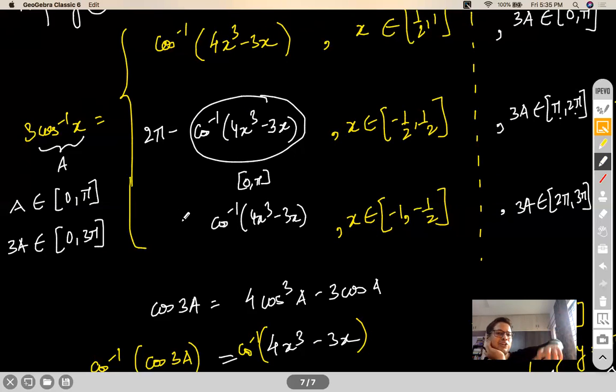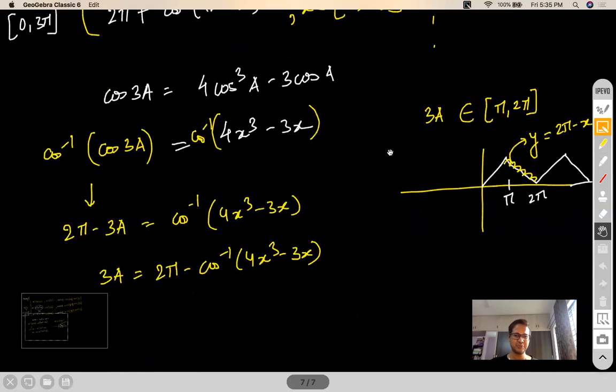That means if I take cos on that, I should get 4x cube minus 3x only. What will you do? Think. Add a 2 pi. Absolutely. Now you've got a trick. So I don't have to actually rely on this. Absolutely, Aditya and Kshitij.